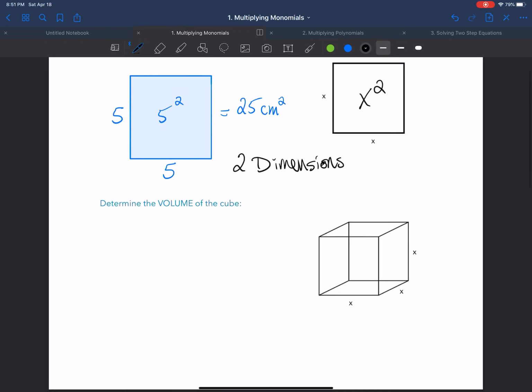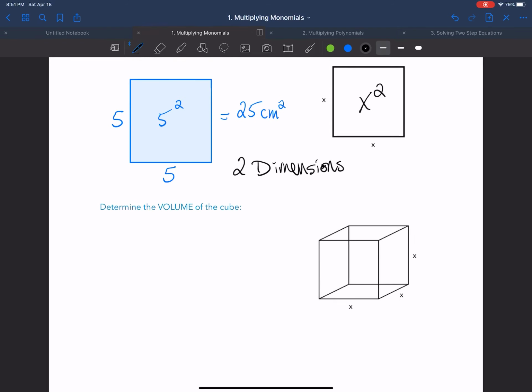And then if we're talking about the volume of a cube, I don't think I'll be able to draw a cube. Well, let's see. Not great. But let's say this side is 5, that side is 5, that side is 5. If we're finding the volume of a cube, we do length times width times height.